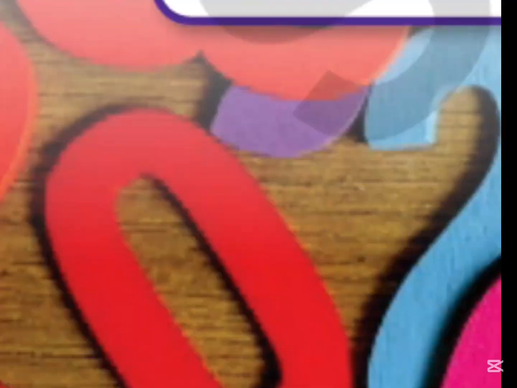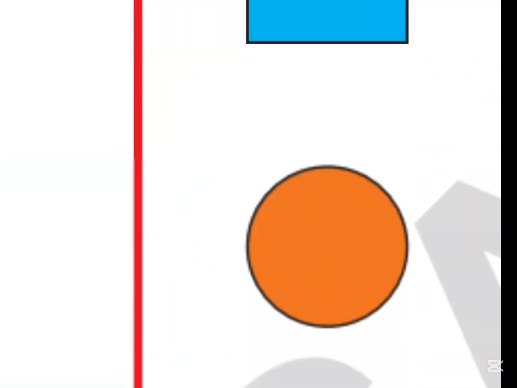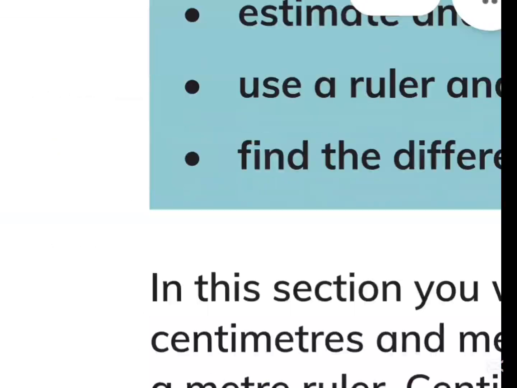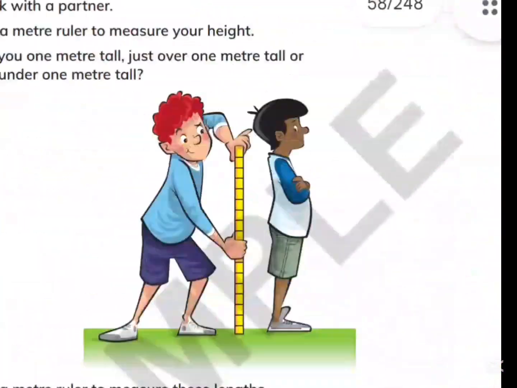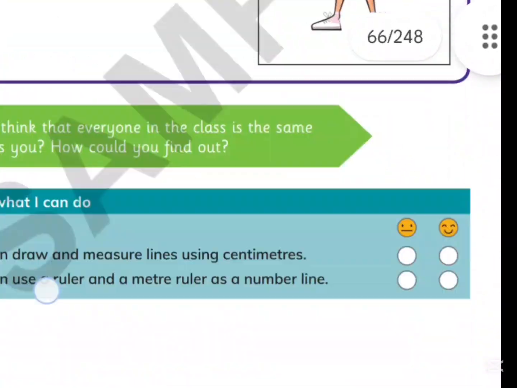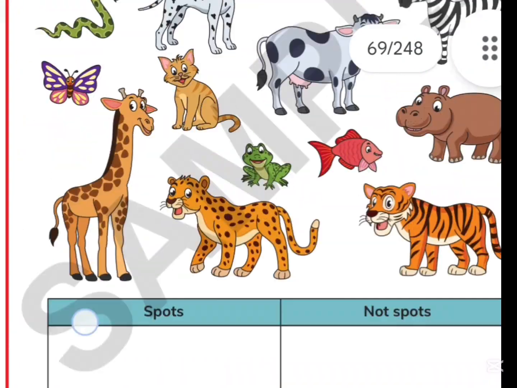Unit 4. This book is very nice. In every lecture, when I'm starting every unit, I'm saying that this book is very nice. It is helping you make your mathematics foundation very strong.